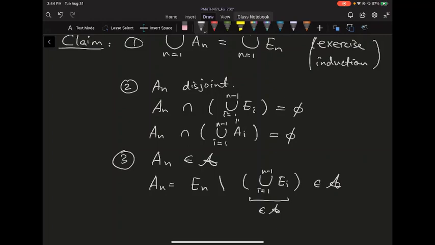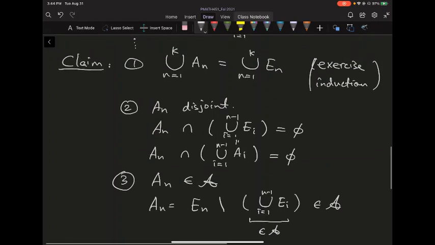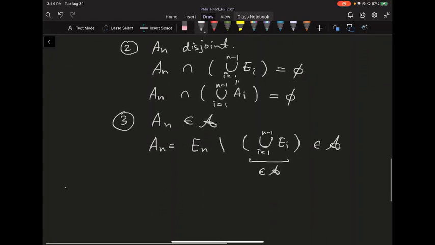So now we have a collection of disjoint sets. And by the way, using the first condition here, we can easily replace this k by infinity. Just take k going to infinity. So now we have that the union of n going from 1 to infinity of these En is also the union of n going from 1 to infinity of the An, and the An are disjoint.